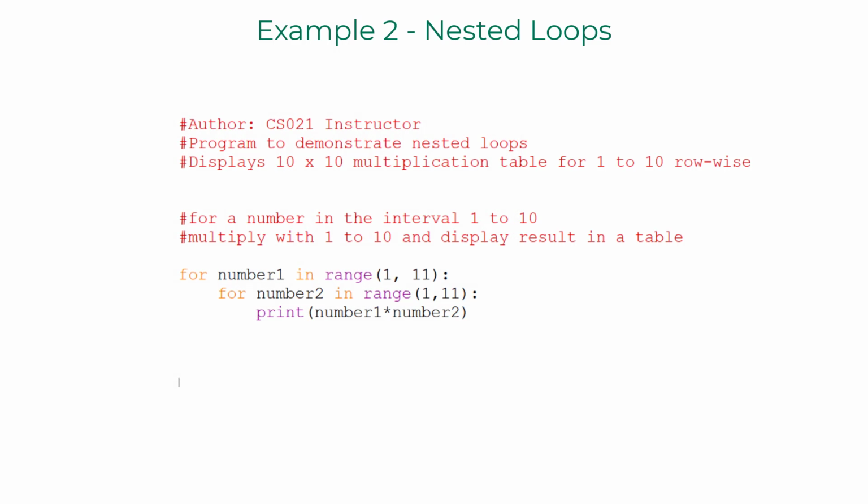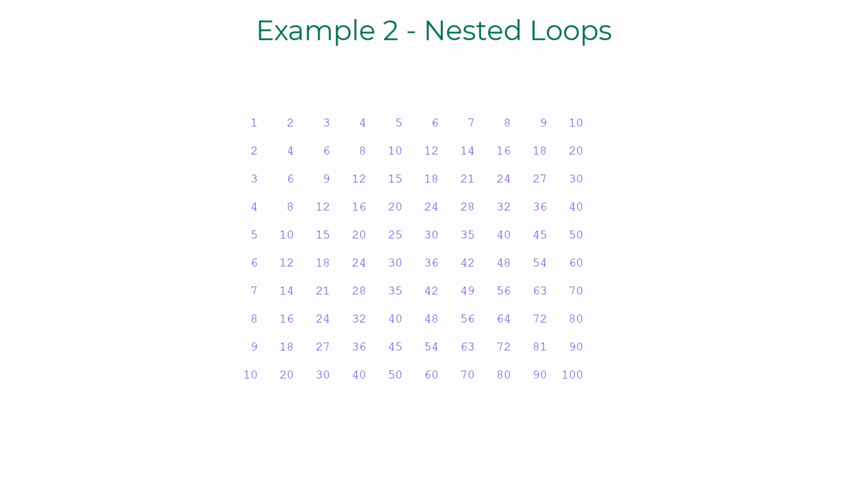So let's try to modify this program to make sure that the multiples of 1 are printed in a single row, and then we go to a new row and print multiples of 2, and so on and so forth.